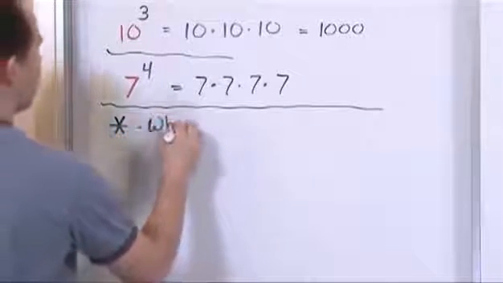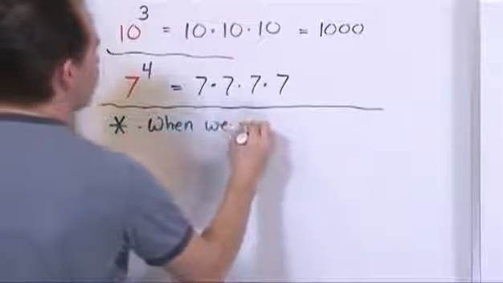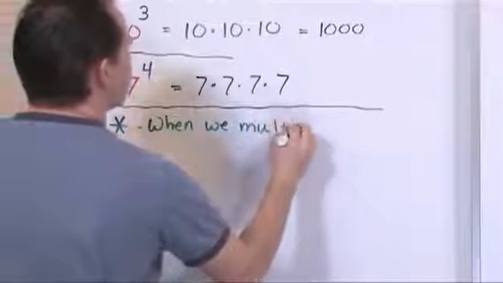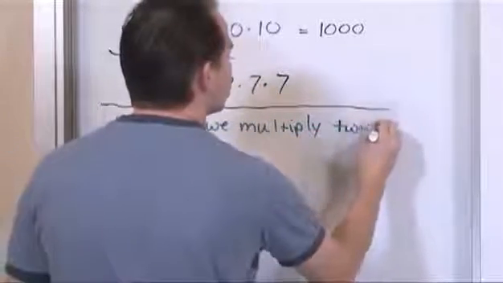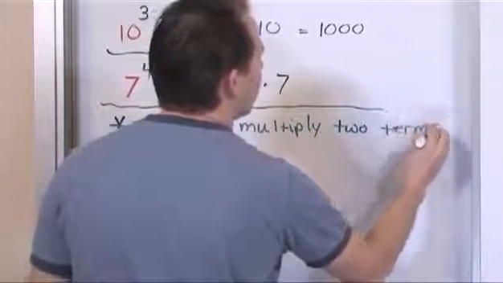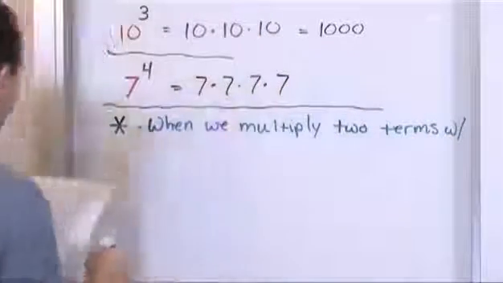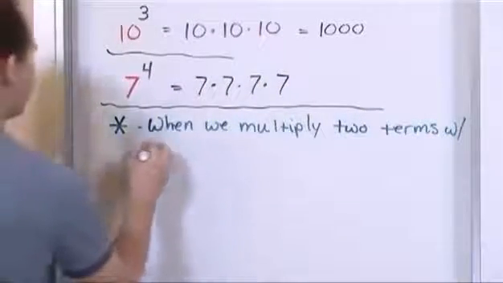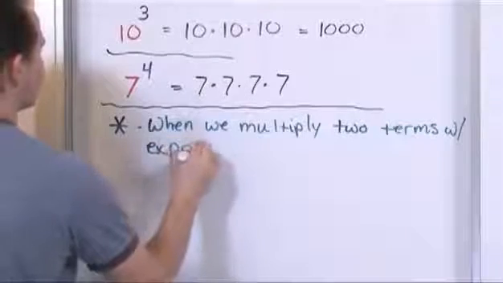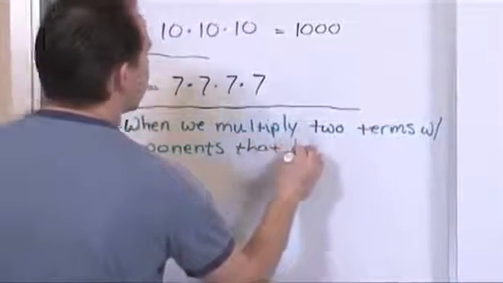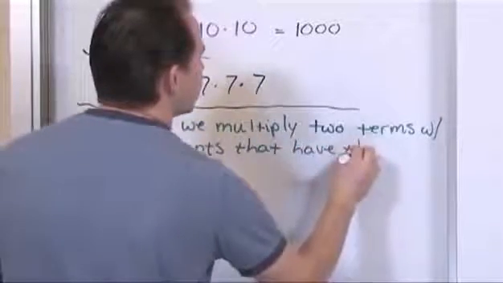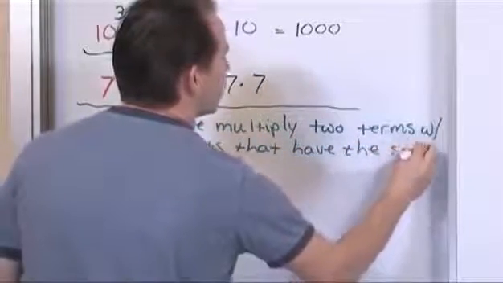When we multiply two terms with exponents that have the same base.